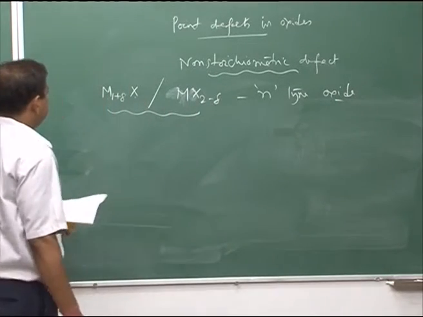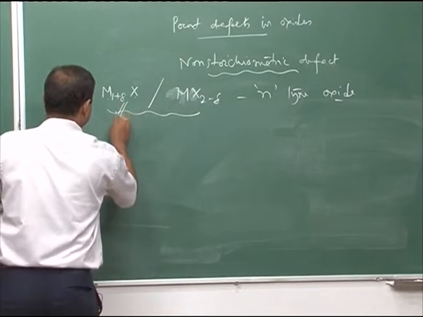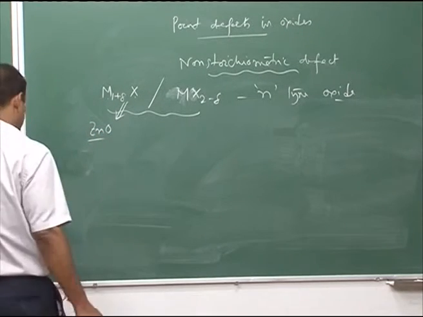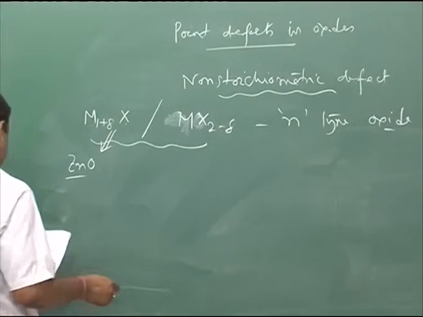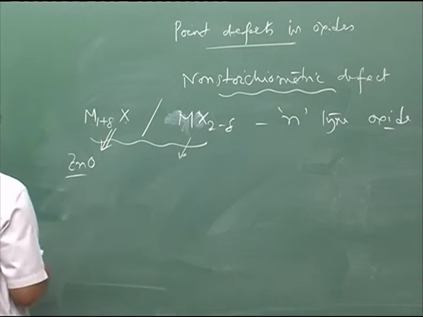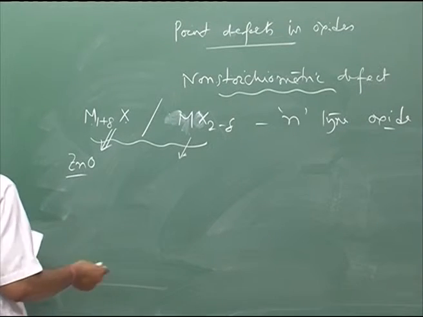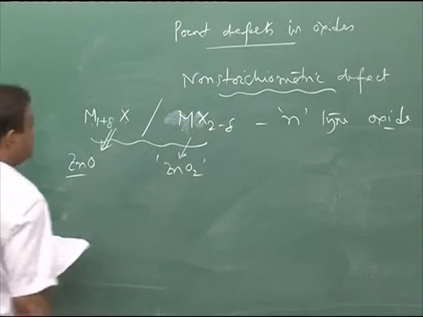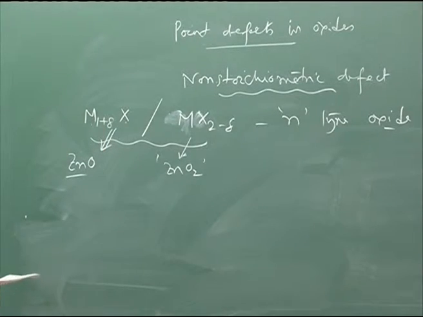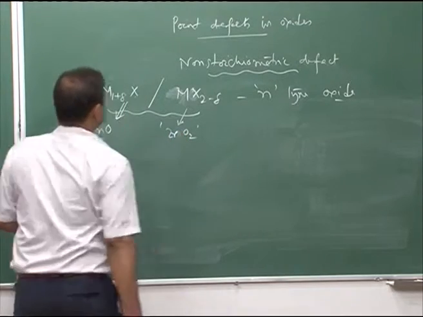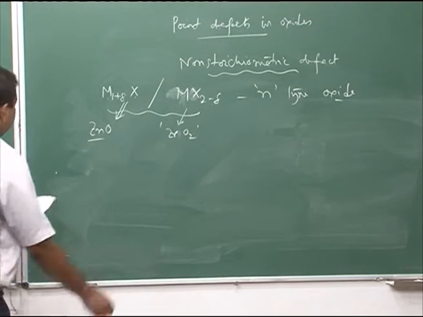One example is zinc oxide, or it could be ZrO2, which is another example. This is zirconium oxide.